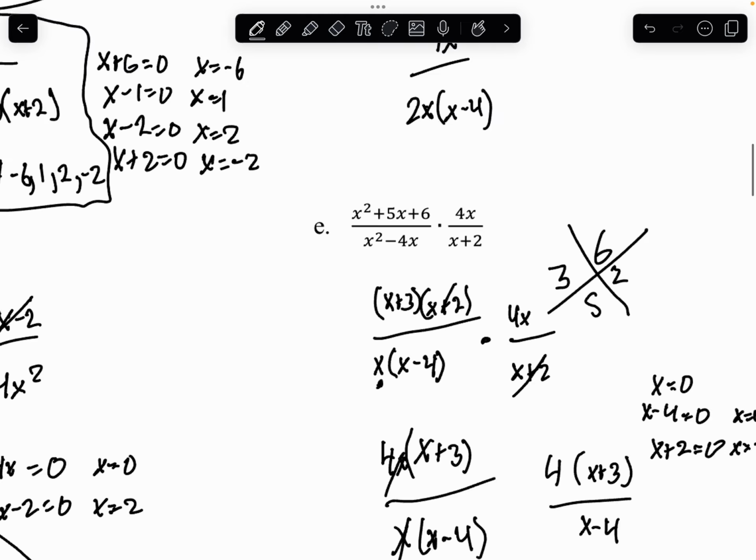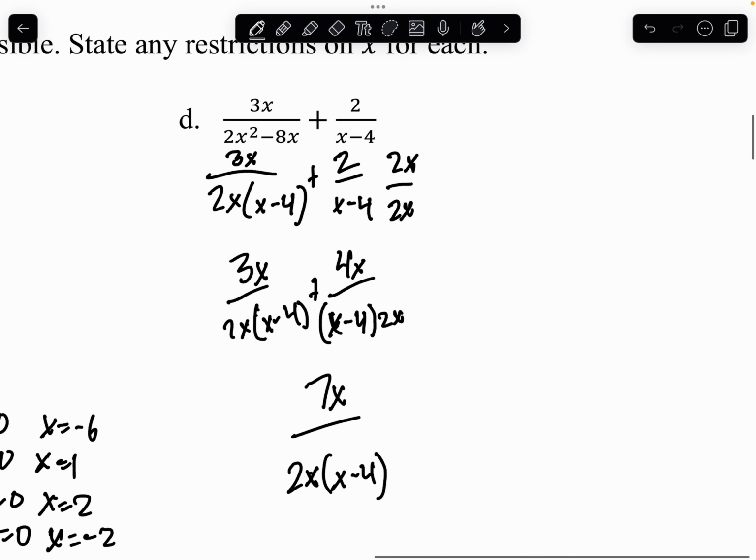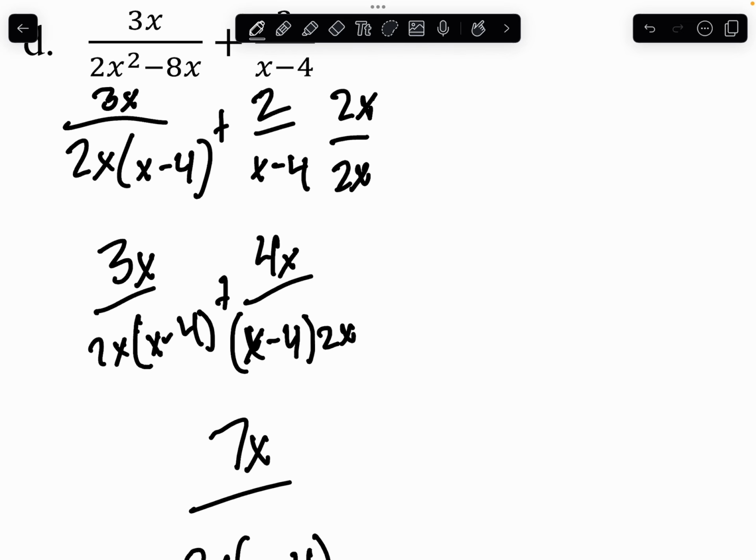And then for these as well, this is my bad again. You have to do what x cannot equal. So 2x equals 0. X minus 4 equals 0. So you get x equals 0 and x equals 4.